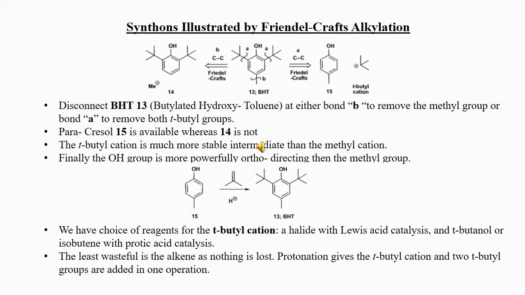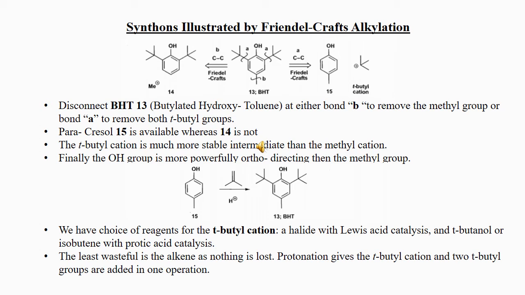If we want to disconnect, we can do the disconnection either by removing the methyl group, or by breaking the bond to remove the tertiary butyl groups, or we can disconnect the bond to remove both tertiary butyl groups.